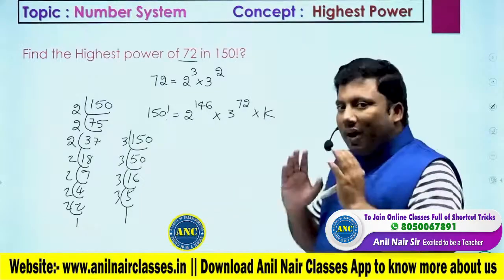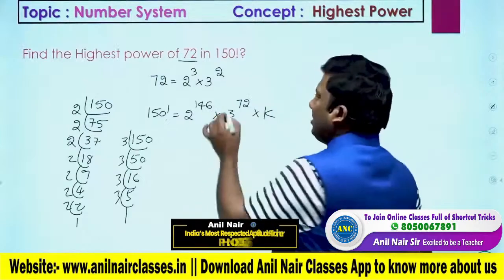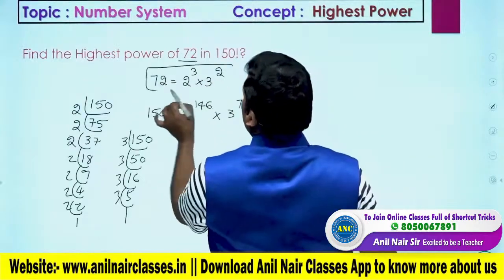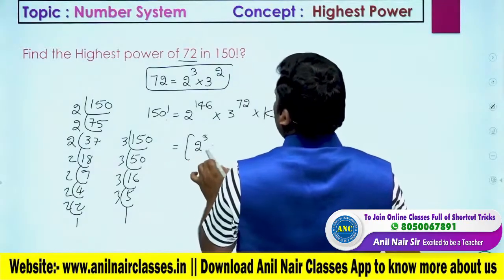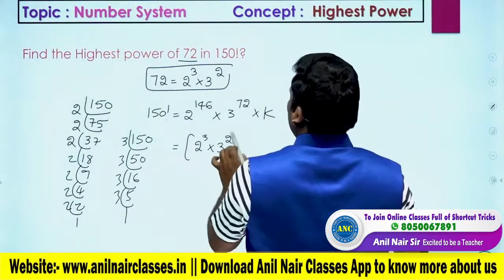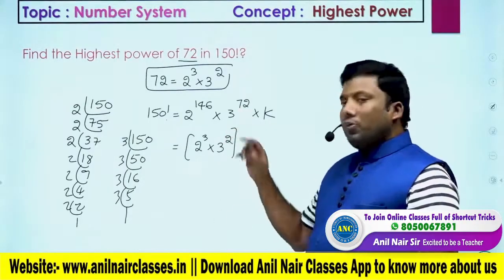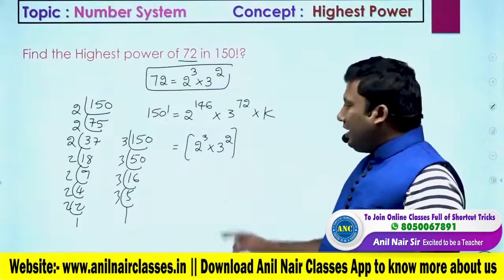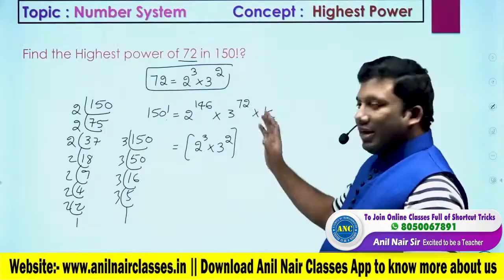Why are we doing this only for 2 and 3? 72 as a power of prime basis is 2 power 3 into 3 square. I need to take out 2 cube into 3 square. If I take 2 cube into 3 square out, 2 goes how many times in 72? 36 times. 36 3s are 108. I can easily fulfill.